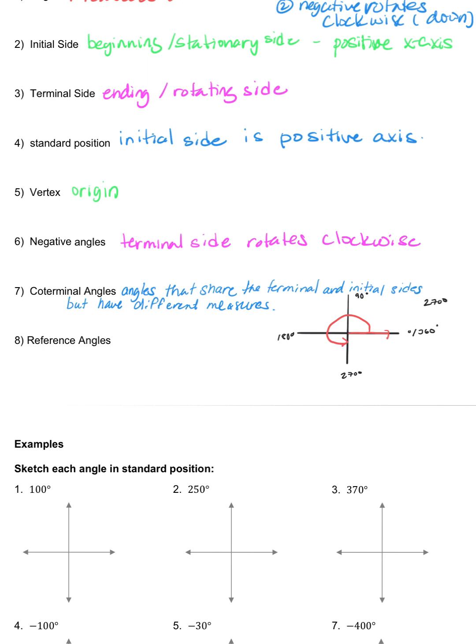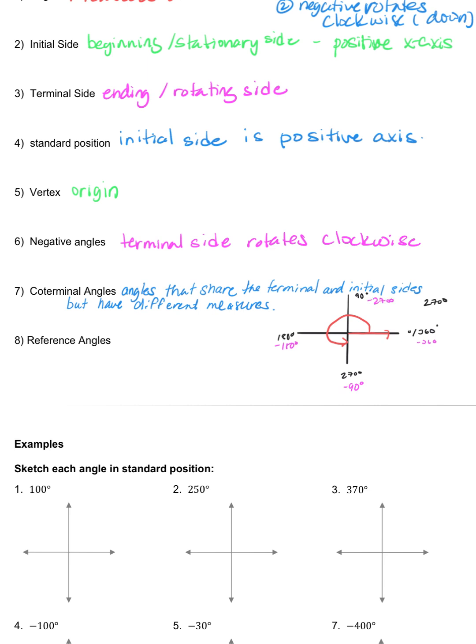Well, the coterminal angle for that is the other direction. The other direction means I need to label these as, this is negative 360 now, and this is negative 90, negative 180, and then negative 270.